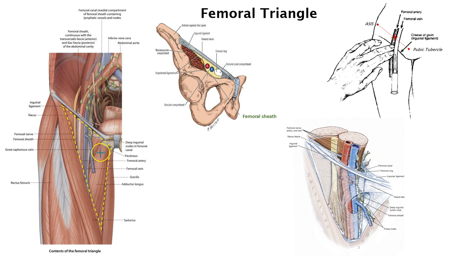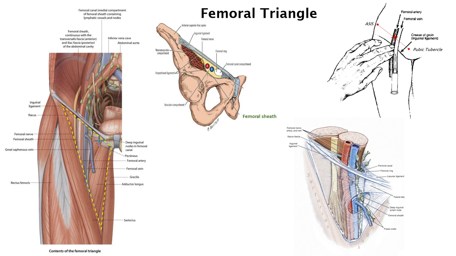The floor is made up of several muscles. The floor is made up of the iliopsoas muscle, which is hard to appreciate as the floor here, but we can see the psoas here and the iliacus, and of course it combines down in this region to be the iliopsoas muscle before it inserts onto the lesser trochanter. Also, we see a little bit of this muscle peeking through here. That's called the pectineus.